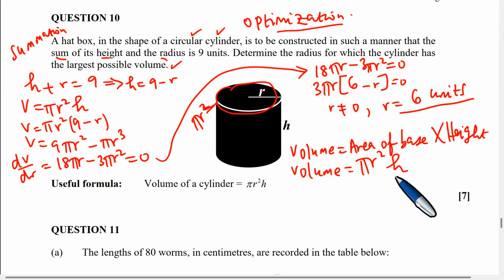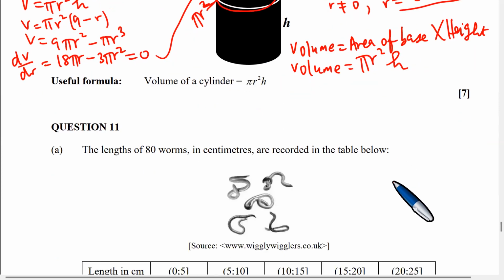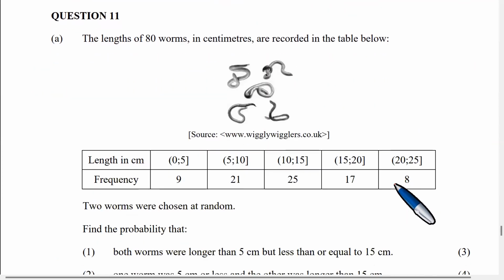The next question is on probability. Let's enjoy probability a little bit together. The lengths of 80 worms are recorded in the table below. Okay, so we are dealing with worms now. How many worms are there?